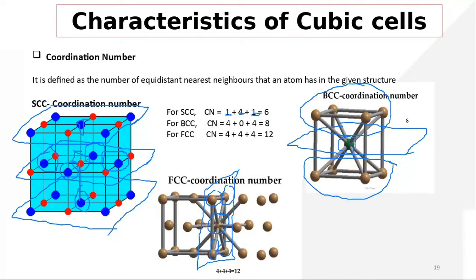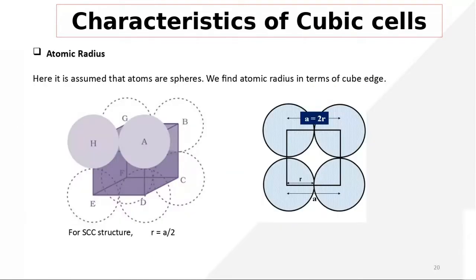If we talk about the other planes, 4 are above, 4 atoms are to the left, 4 are within this plane, and 4 to the right of the plane. So in total there are 12 atoms which are equidistant and nearest to that particular atom. So for the FCC case, 12 is the coordination number.